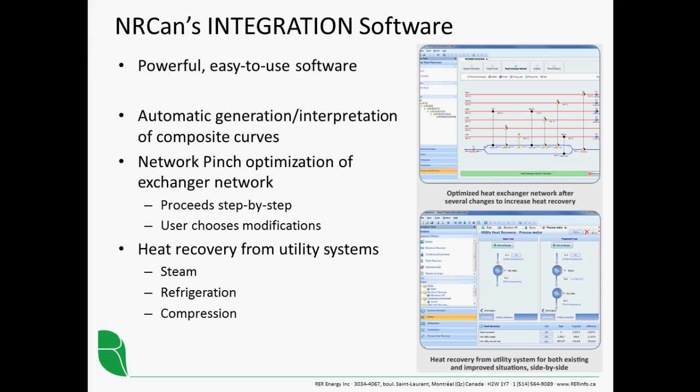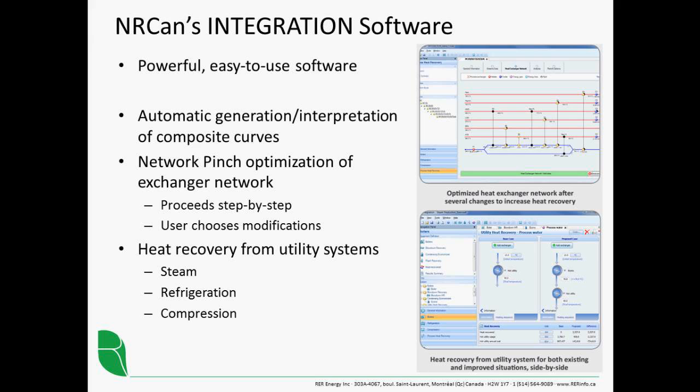And this is an approach that involves not presenting you with a final optimized design that may or may not make sense in the real world. It's a step-by-step approach that proposes a suite of potential changes to your existing network, but each one is just an individual change.